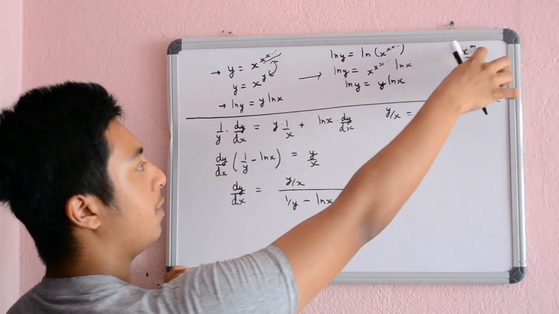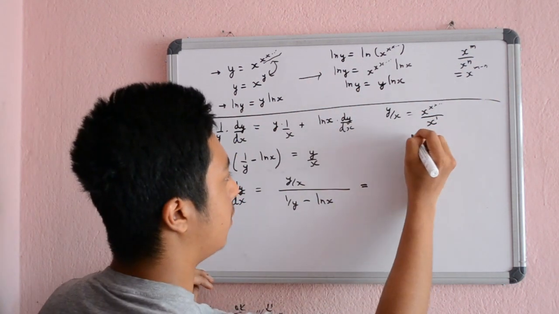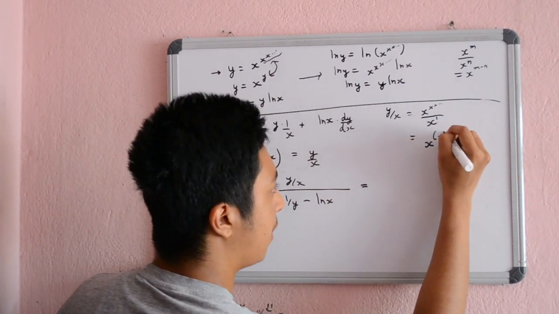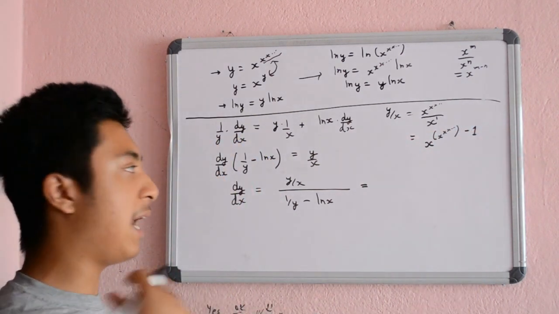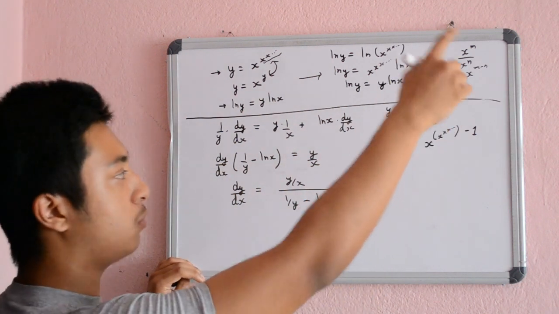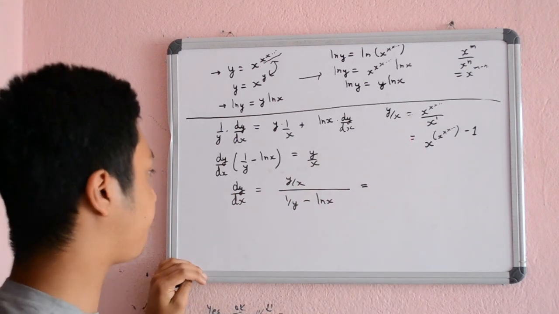Simply this will go up and this will be subtracted. And right here, this x is just x to the power of 1. So in fact we'll have x to the power of, x to the power of x to the power of x and so on, minus 1. And if you want to see how, just substitute this as m, you'll have x to the power of m minus 1, and resubstitute m back in, and you'll have this over here.